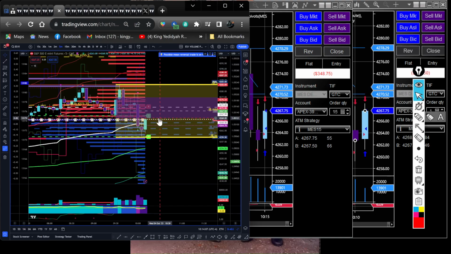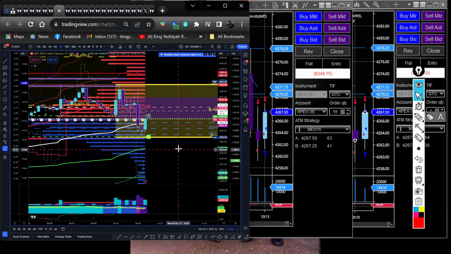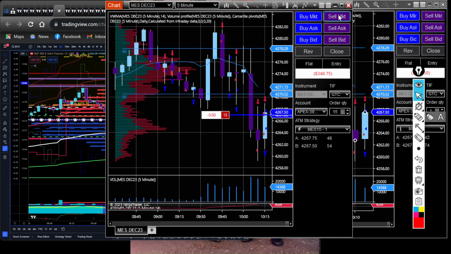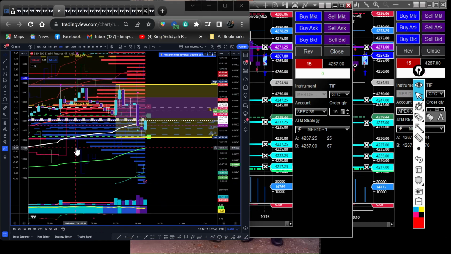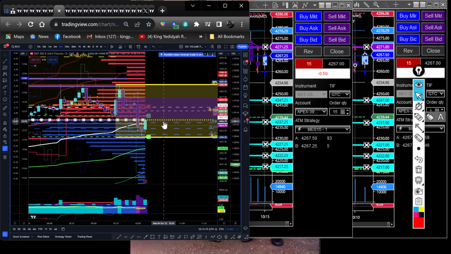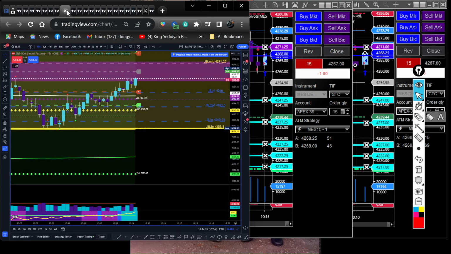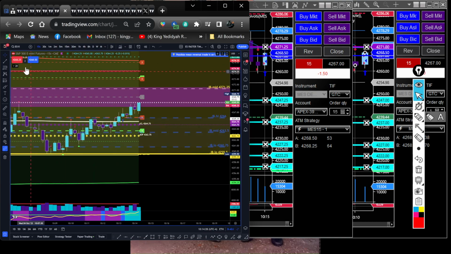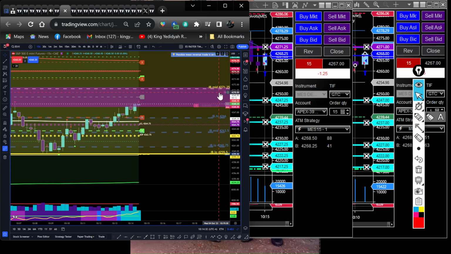Back up at VPOC on the volume point of control. I'm gonna take another short here because I think this is where we could get some rejection, this volume point of control. Stop is at 42.71.25.